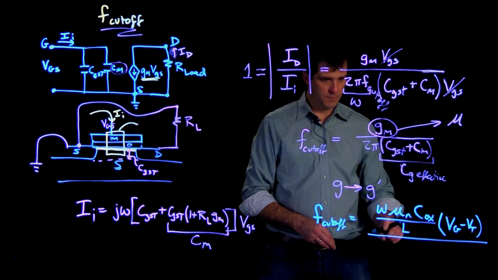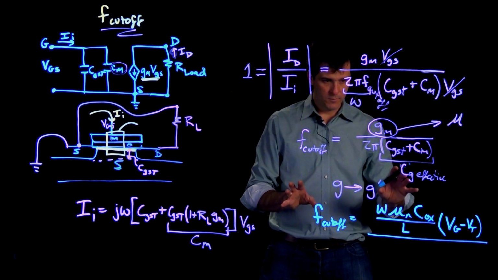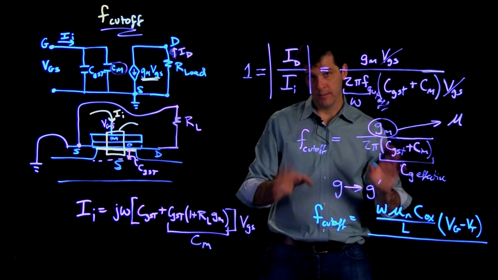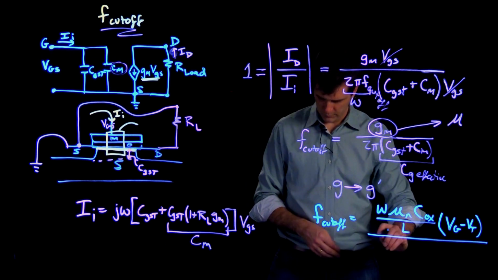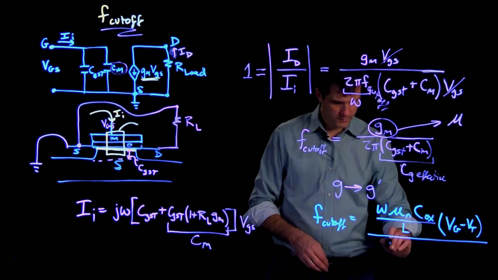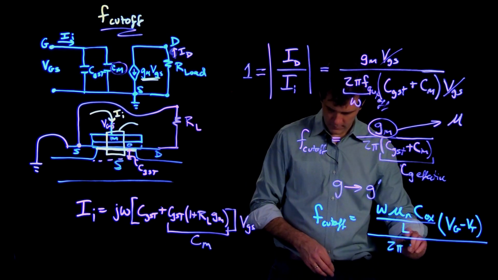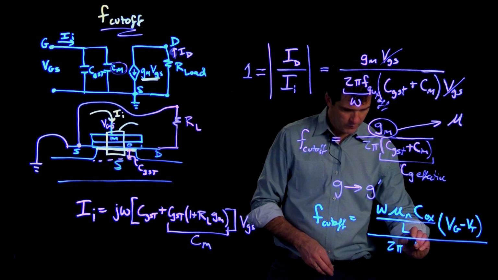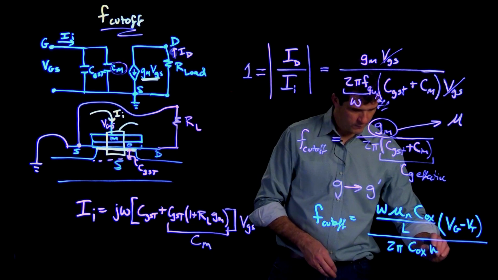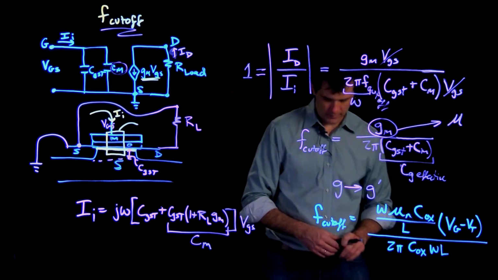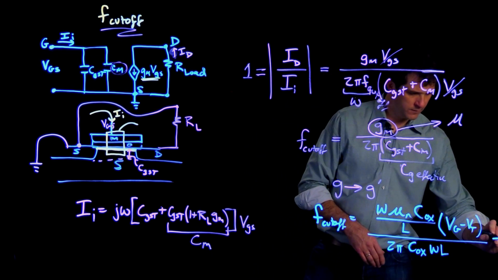And then down in the bottom, the lumped gate capacitance in the simplest possible case is just going to be given by the capacitance of the oxide times the width and length, just the area of the channel.